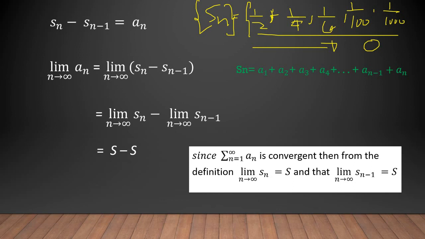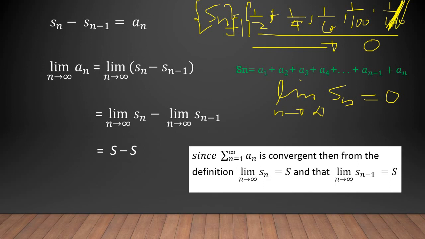That means the limit of Sn as n approaches positive infinity is equal to 0. But if we remove, let's say, this an, the last n-th term, what would be the limit of Sn minus 1? Minus 1 because we removed the last term.